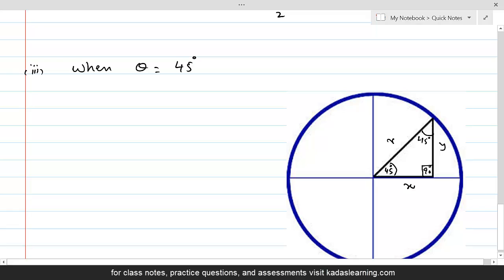If two angles of a right angle triangle are equal, then sides opposite to the equal angles are also equal.